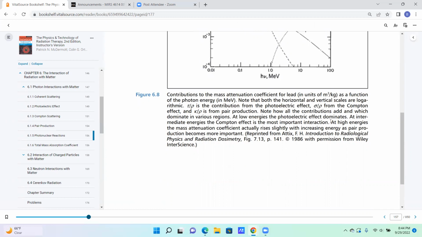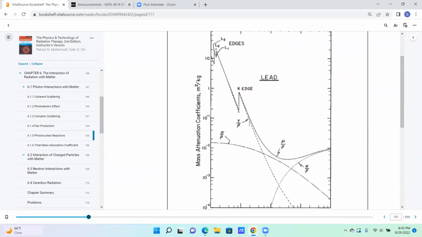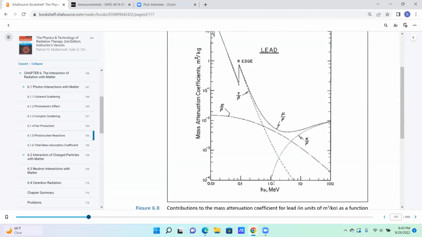At low energies, the photoelectric effect dominates. At intermediate energies, the Compton effect is what's going to be the most important. At high energies, the mass attenuation coefficient rises with increasing energy as pair production becomes more important. So you have three different regions here. Over here, the photoelectric effect dominates, up to about 7.